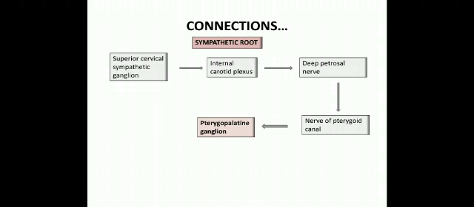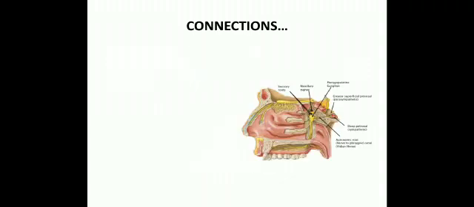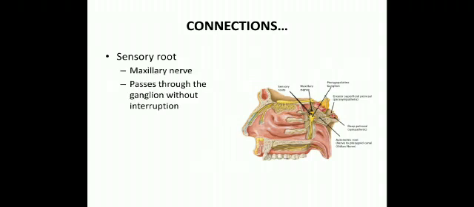The fibers pass through the ganglion without relay and supply vasomotor nerves to the mucous membrane of the nose, the palate and the nasopharynx. The sensory root comes from the maxillary nerve. Its fibers pass through the ganglion without relay and emerge in the branches.